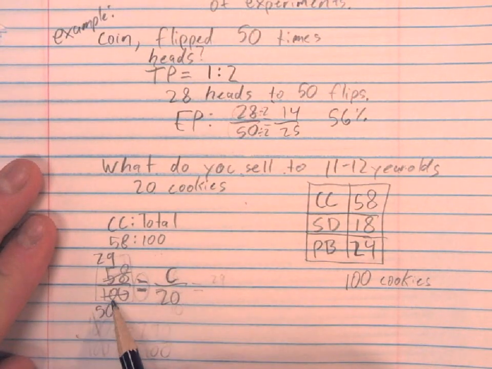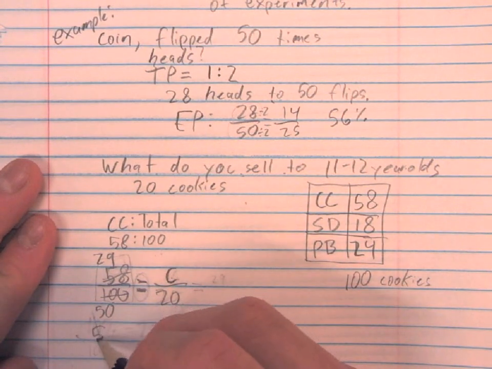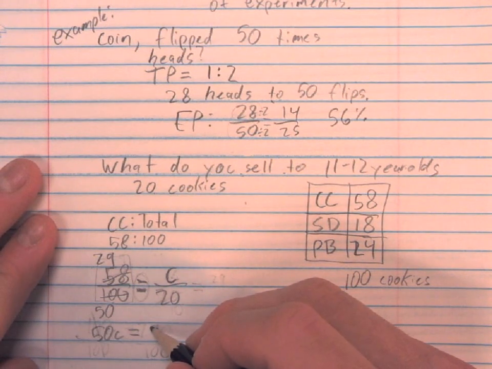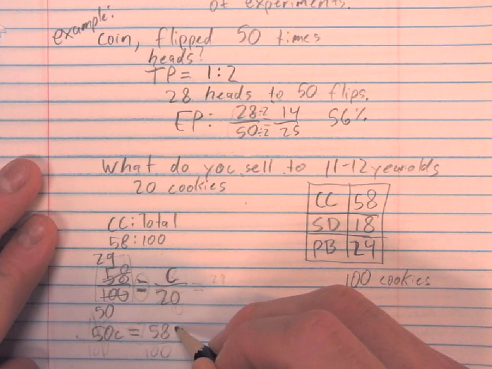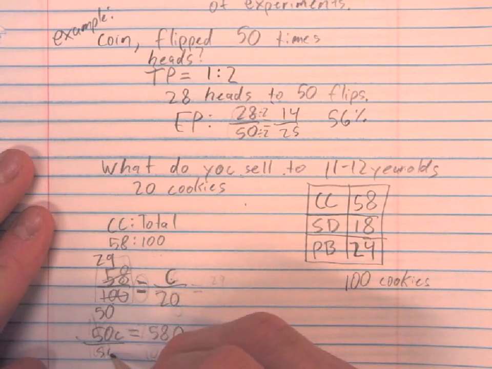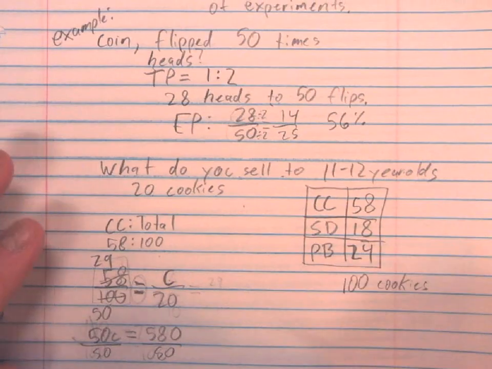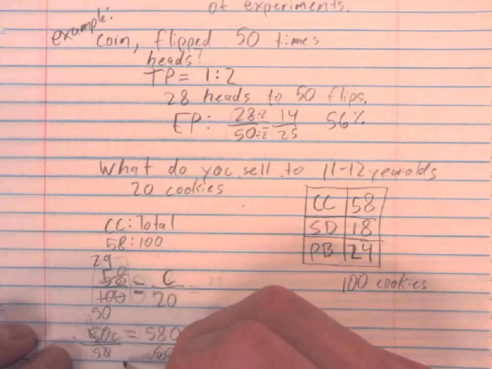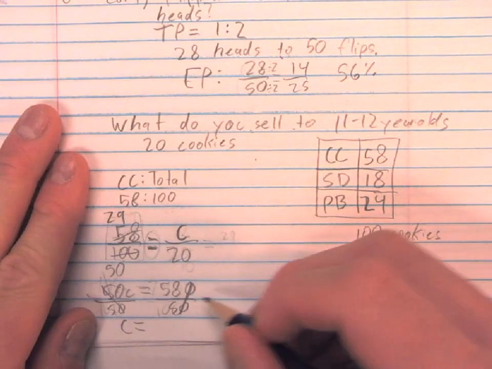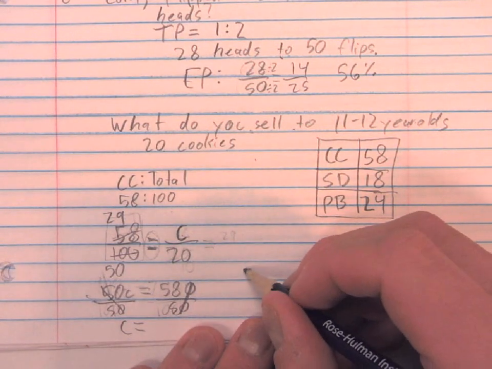Now I'll cross multiply and I get 50 times C equals 29 times 20, so I get 580. Divide both of those by 50. I know those can simplify down to C. My zeros can cancel out, so I'm really just doing 58 divided by 5.